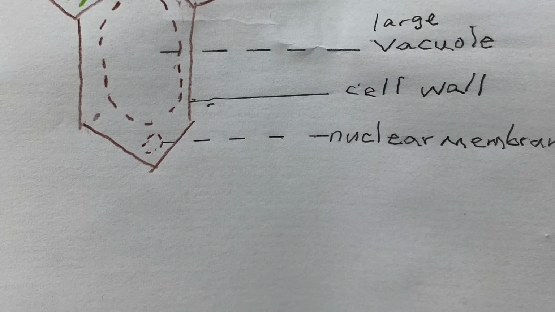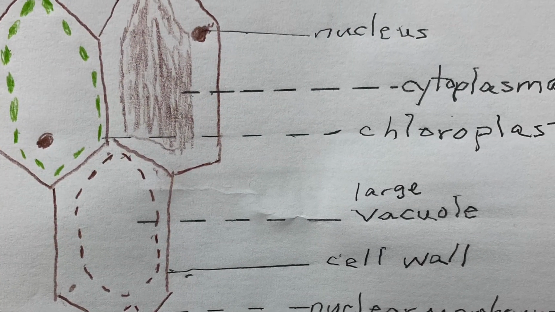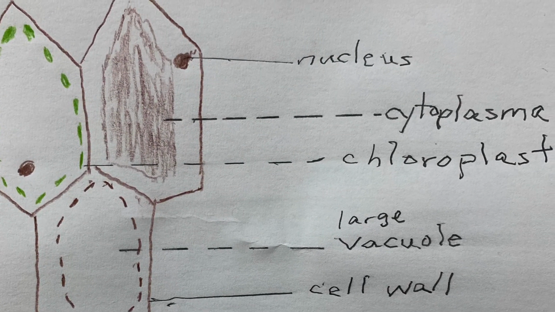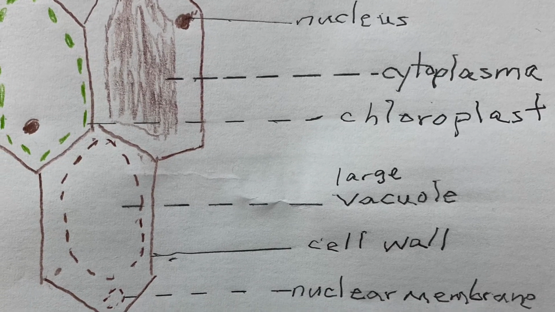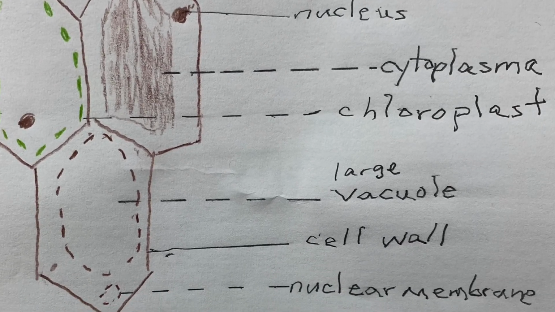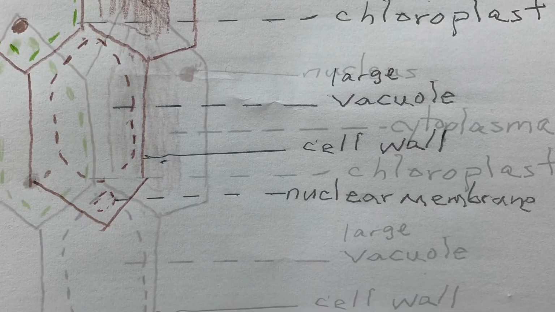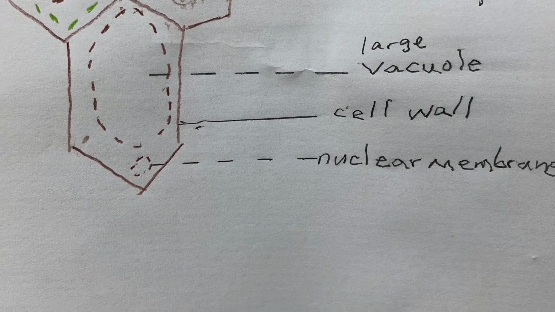The ones that cannot be seen, you will see, are the chloroplasts, the large vacuole, the nuclear membrane, and the cytoplasm. Notice the cytoplasm is shaded in and marked with a dotted system.